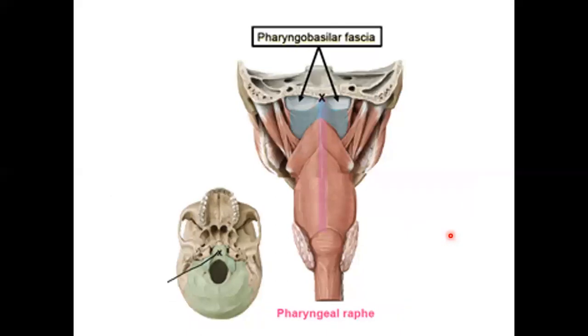Okay. The pharyngobasilar fascia. Okay, so we're looking posteriorly now. These are the constrictor muscles that help to make up your pharynx, and then the pharyngobasilar fascia. So again, pharynx is your throat, and here's a cut from your skull.